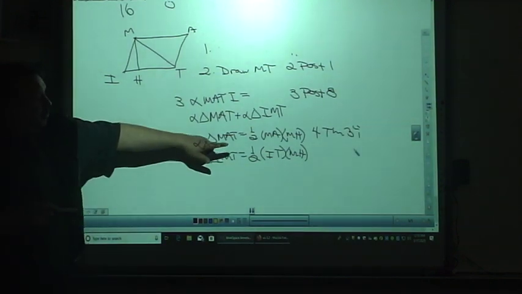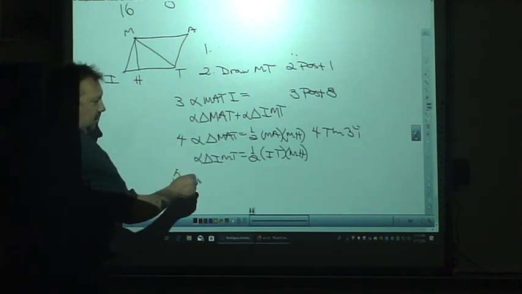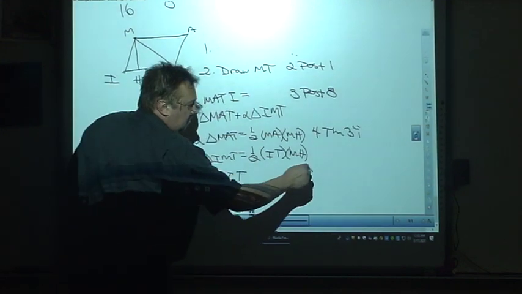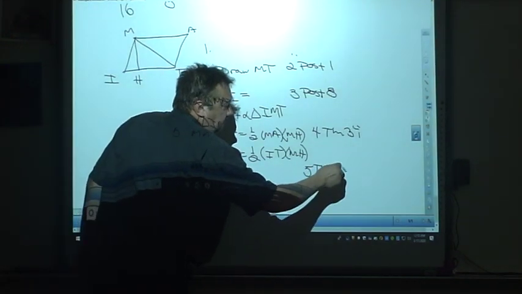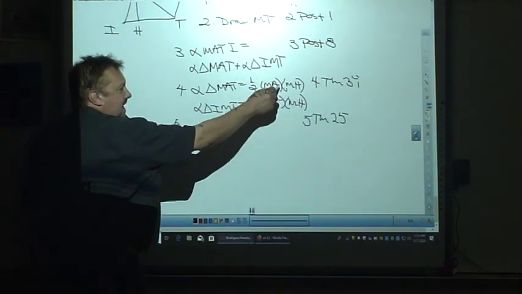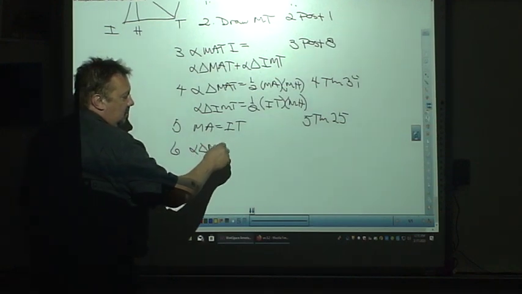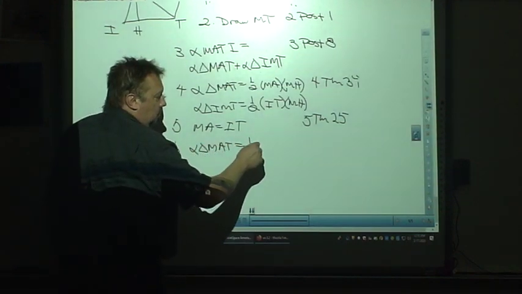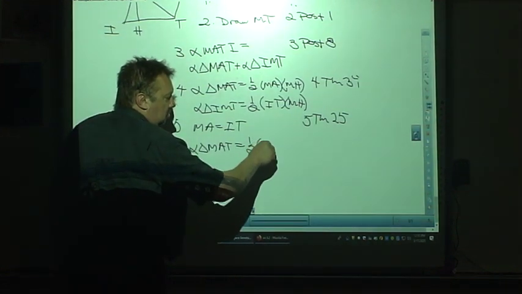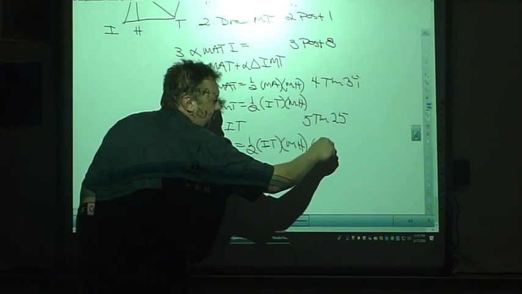At this point, because I want to be using IT and not MA, and this is a parallelogram, MA equals IT by theorem 25. Replace that in this one. By substitution.